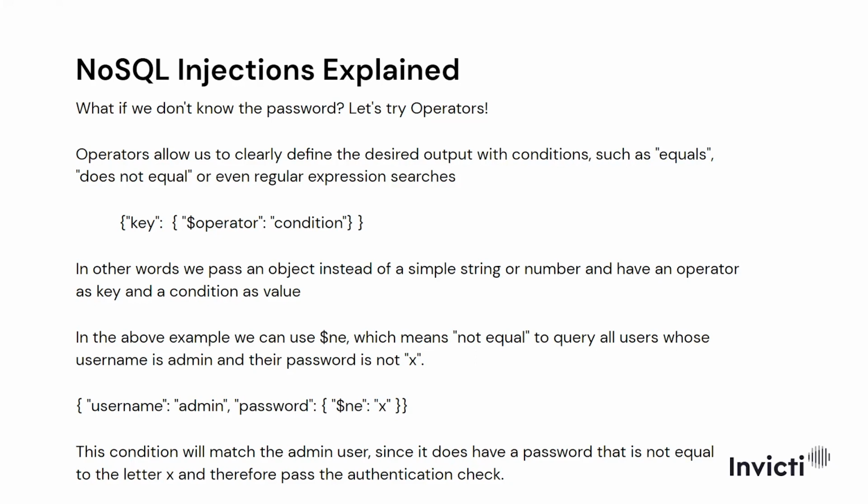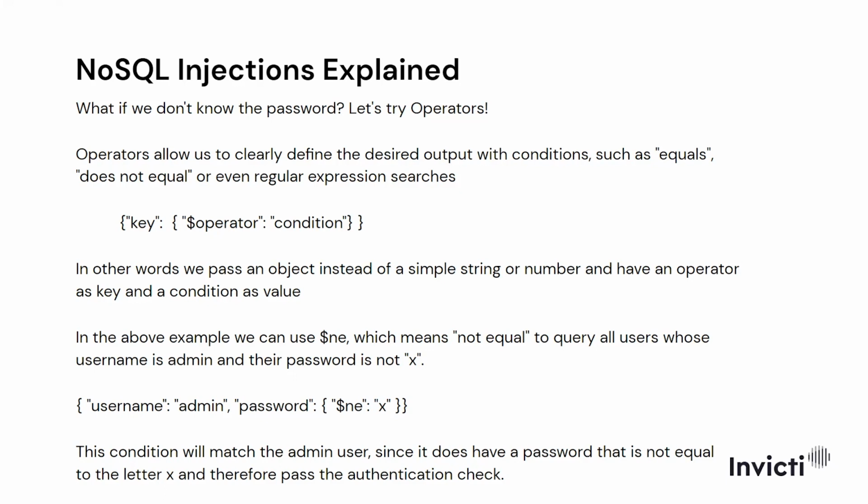So in other words, we pass an object instead of a simple string or number and have an operator as key and a condition as value. Now, in the above example, we can use the $NE operator, which means not equal.